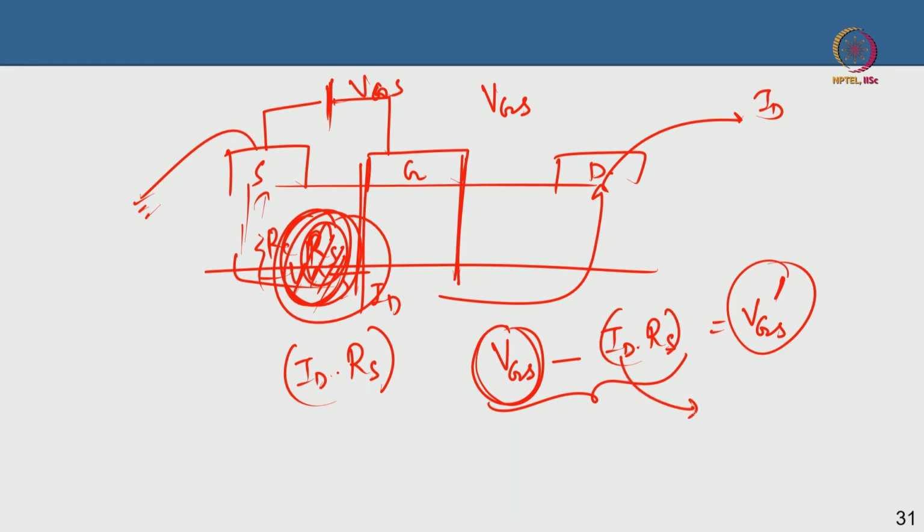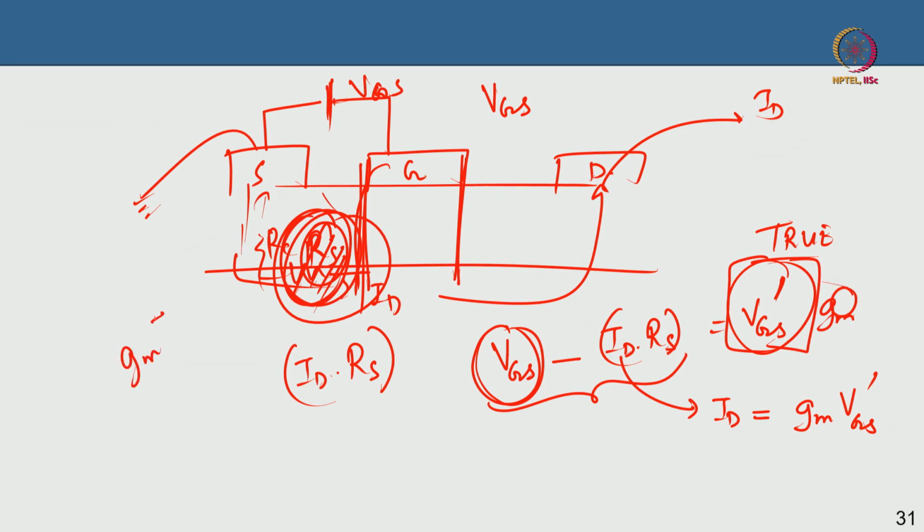However, the drain current ID is nothing but GM times VGS prime, because whatever is truly dropping from gate to source, that true VGS times GM gives you the current. It is not GM times VGS, because the entire VGS is not helping you get current; part of that is dropping unnecessarily in the excess resistance.